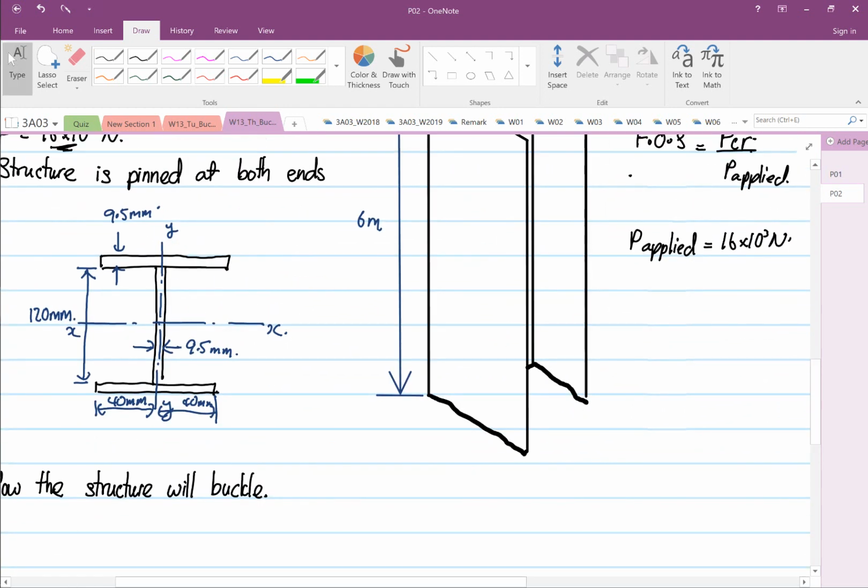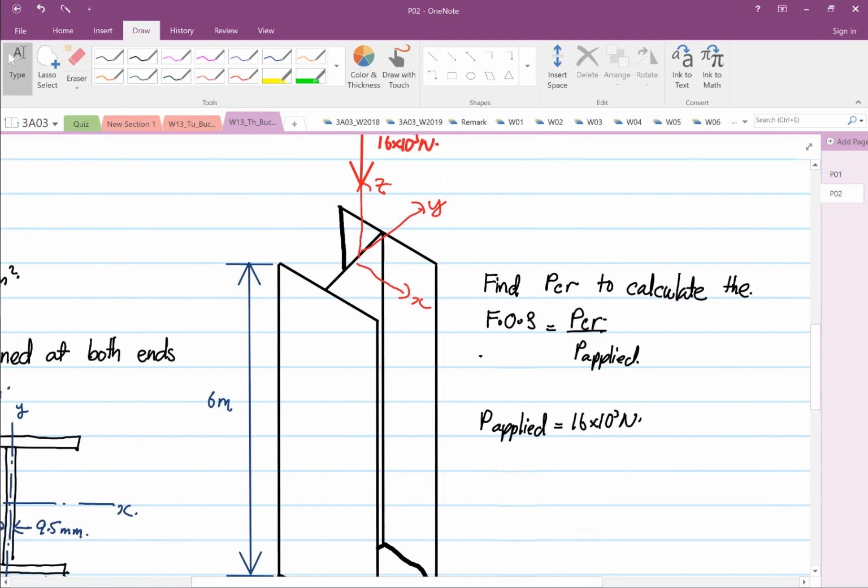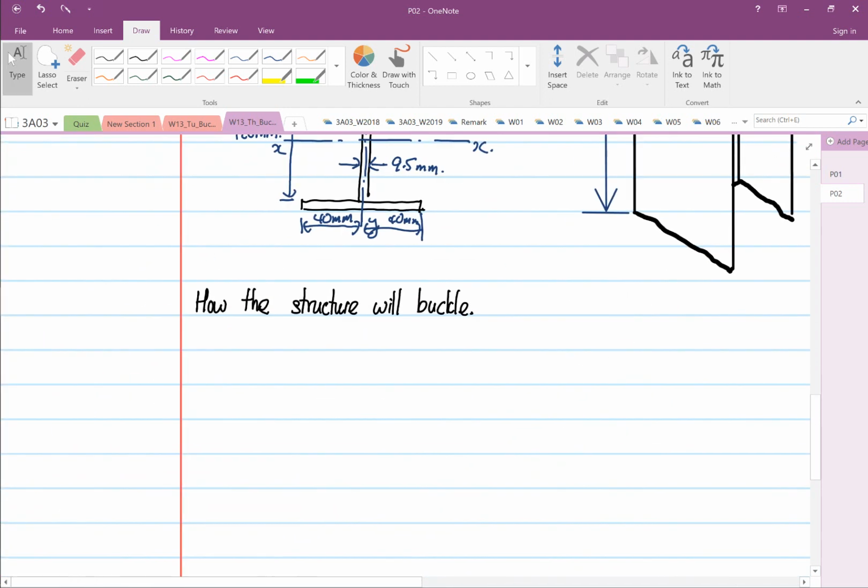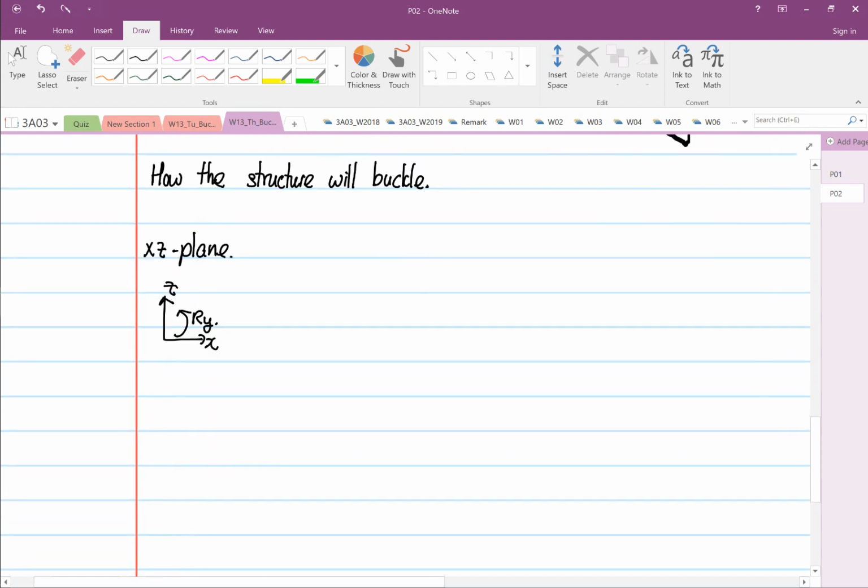If we now view our structure in the XZ plane, okay, XZ plane. So now we have our X and Z. And then this is rotation about the y-axis.